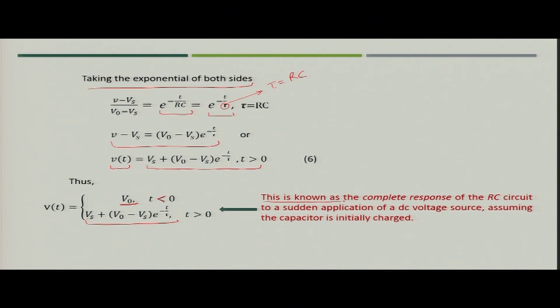This is known as the complete response of the RC circuit to a sudden application of a DC voltage source, with the assumption that the capacitor is initially charged.